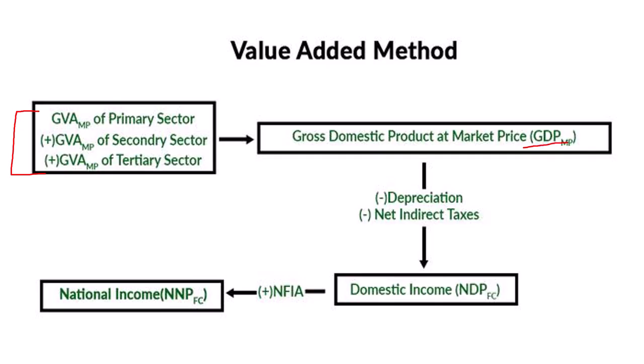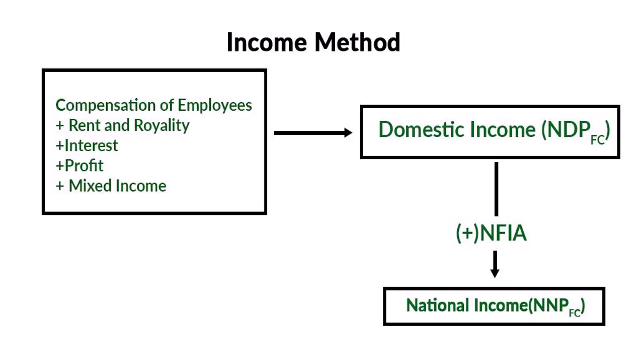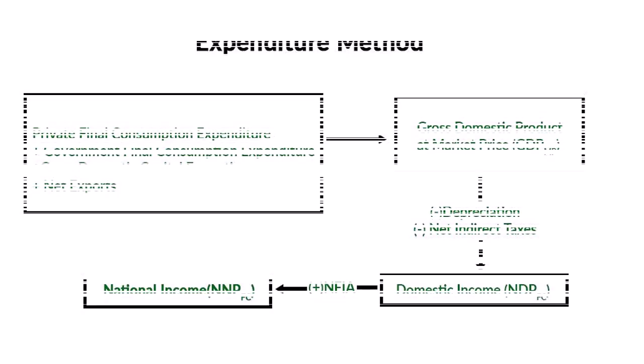Then in income method, we calculate national income by taking the sum of the income earned by all the factors of production by rendering their factor services. So when we take the sum of the income of all the factors of production, we get domestic income and the aggregate NDP-FC.